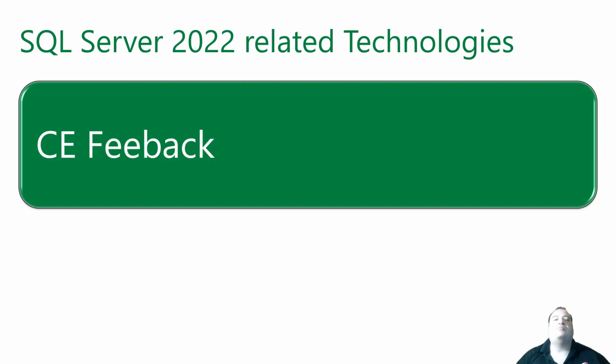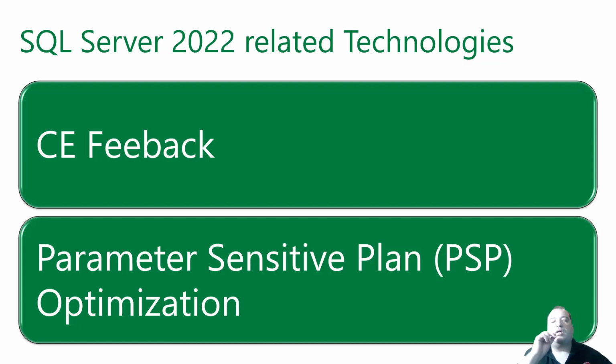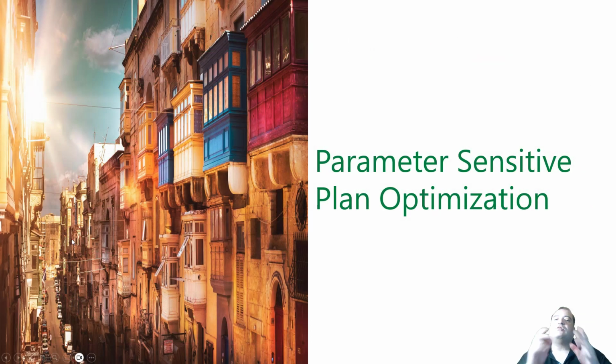That's a point exemplified by cardinality estimator feedback. And we also have parameter sensitive plan optimization, also known as PSP. PSP is absolutely great to help us solve parameter sniffing problems. Let's talk a bit more about PSP.